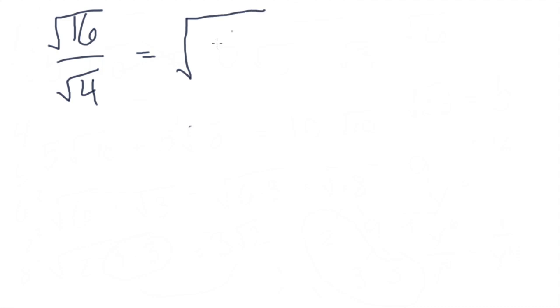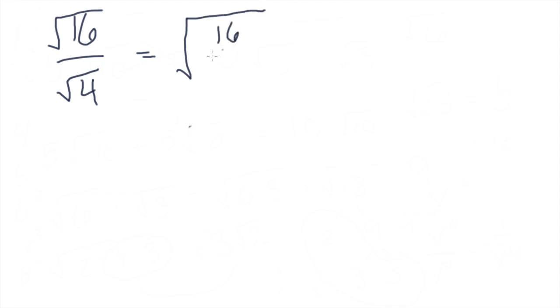Now let's talk about dividing square roots. So if I had the square root of 16 over the square root of 4, what I would do is here, I can apply that square root to the entire thing.